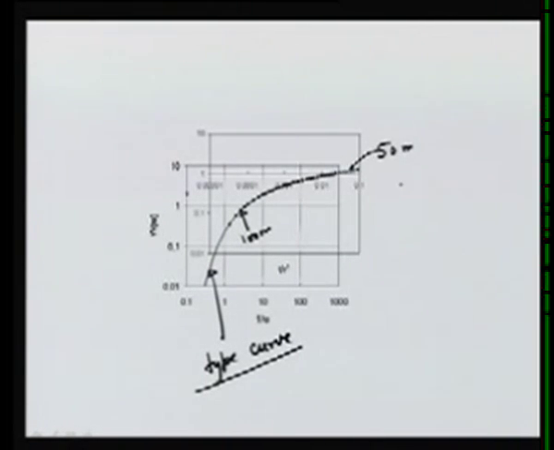So let's say that we take 1 over u star equal to 1, which is this line, and it gives us a t by r square equal to 2.4 times 10 to the minus 5, which corresponds to this point.